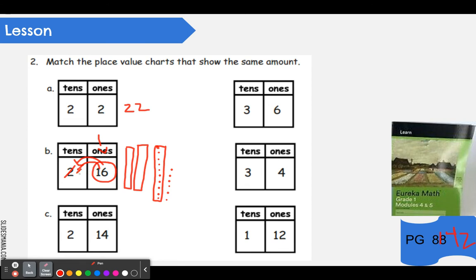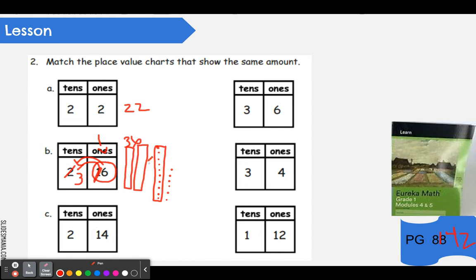Now this becomes 3 because now I have 3 tens groups. And since I took the 1 and put it in the other place value, I now have 6 ones. So therefore my number is 3 tens and 6 ones, which is 36.